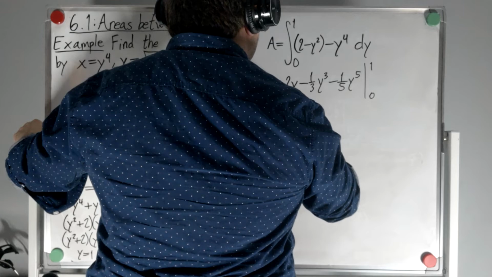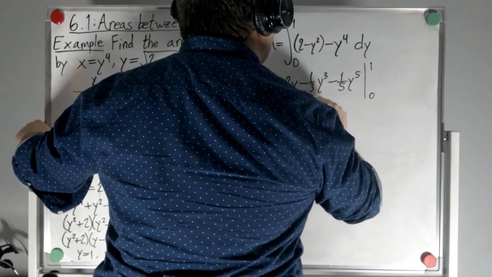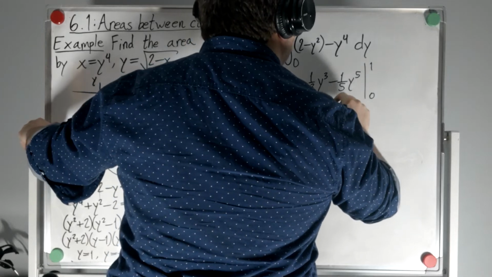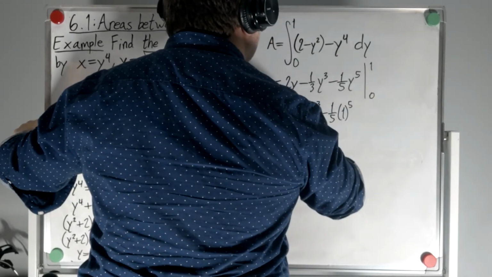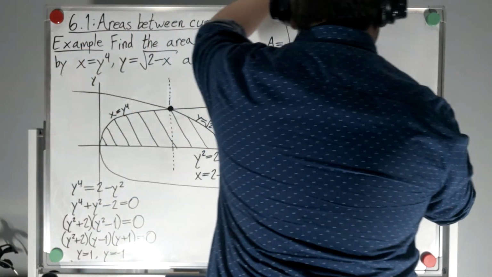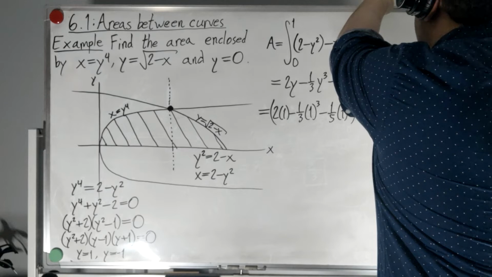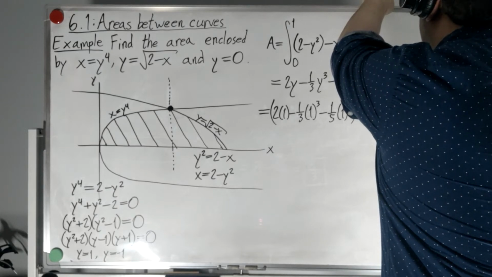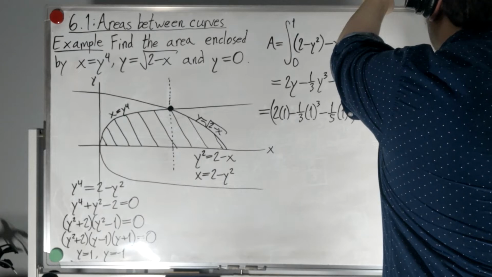That is just 2 times 1 minus 1/3 of 1 cubed minus 1/5 of 1 to the fifth, minus 2 times 0 minus 1/3 of 0 cubed minus 1/5 of 0 to the fifth.